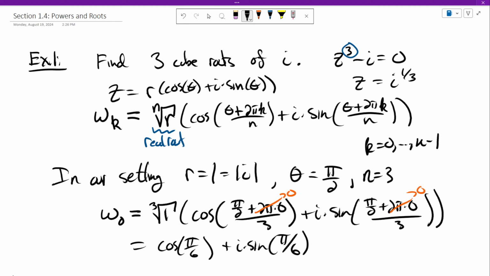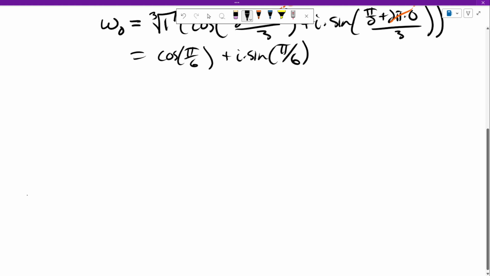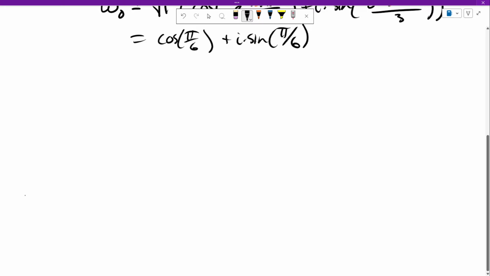Now we can compute our first cube root of i. Cosine of pi/6 is root 3 over 2, and sine of pi/6 is a half. This is w_0; we'll do w_1 and w_2 in a minute.